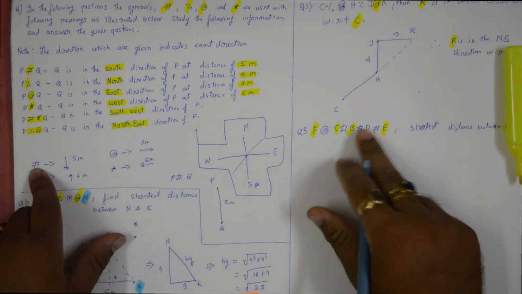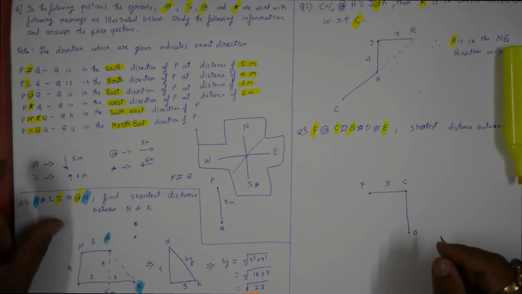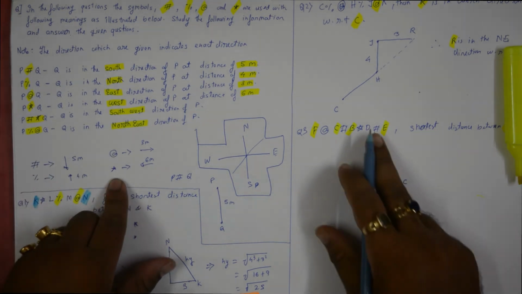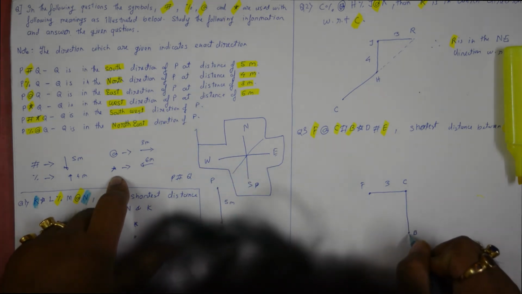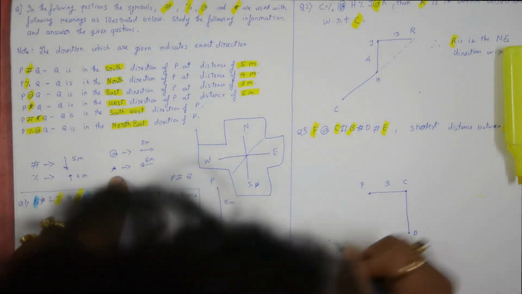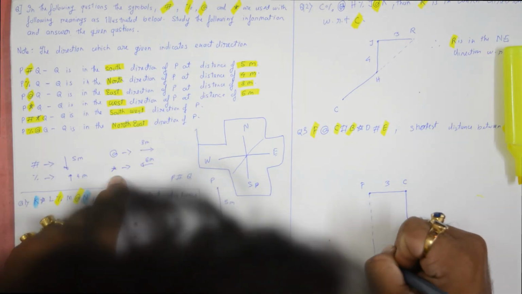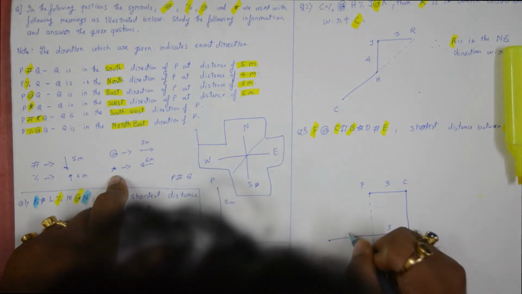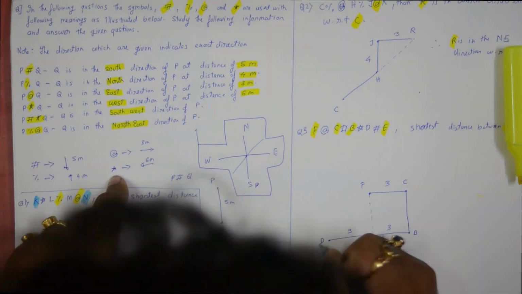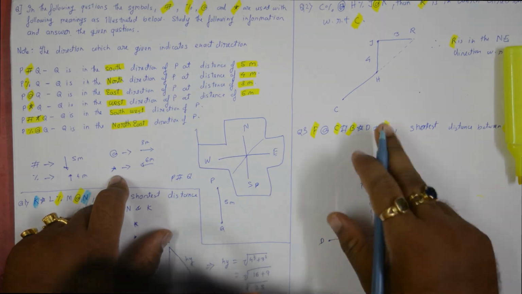Remember to mark it so you won't forget if you have been there or not. Now for the star, it goes left 6 meters. So approximately it should be double of this. So 3 and we get our D, and for E it is hashtag again.